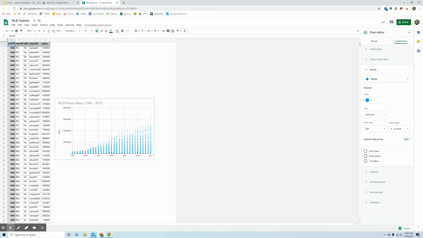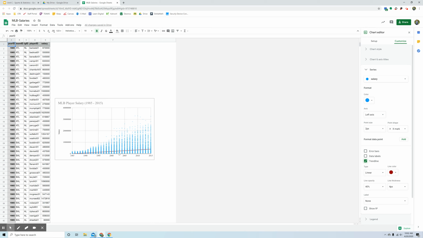So again, I plotted every single one of the player salaries, 1985, 86, 87, 88, 89, 90, okay? And if we see here, I'm going to plot a trend line. A trend line is like your linear regression, remember? Okay, and it looks like if we plotted a linear trend line, it would be going through here, right? And remember, this is a scatter plot.